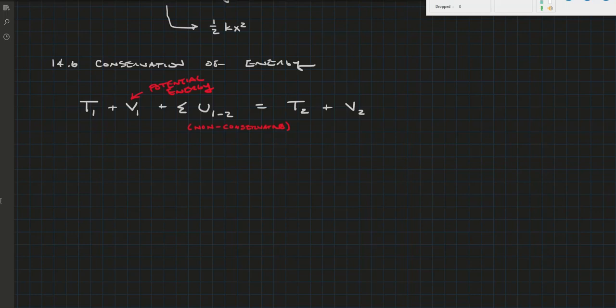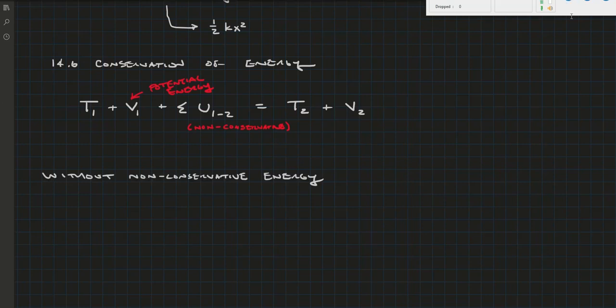So you can think of these non-conservative energies as sucking away some of the energy from our system that could be used to move it or to position it to, say, a higher elevation.